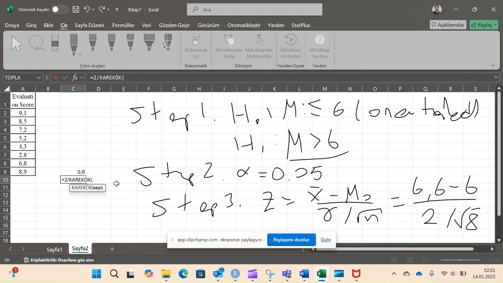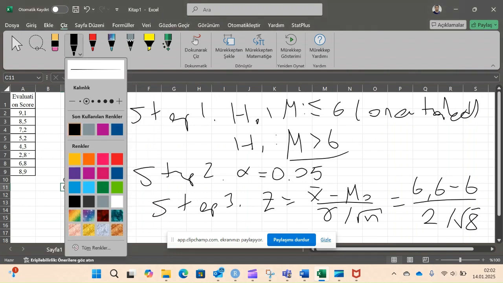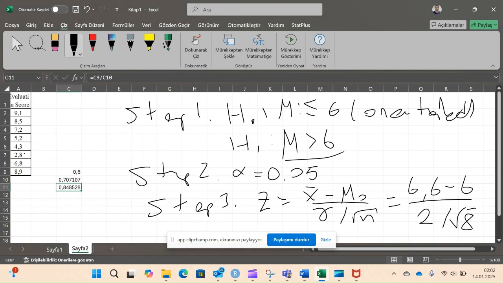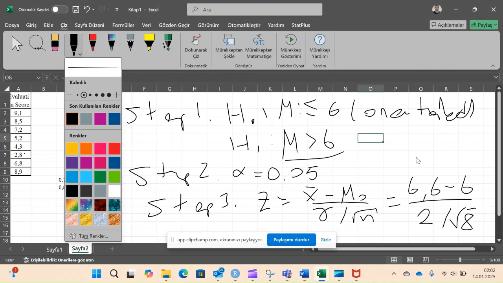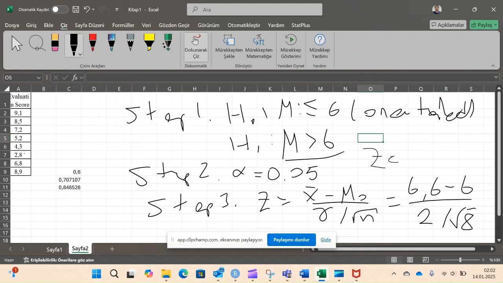It's karekök in Turkish, but if you use an English Excel, you can just write square root of 8. 2 divided by the square root of 8 is 0.70, and 0.6 divided by 0.70 gives 0.84. So this is the Z result, Z equals 0.84.